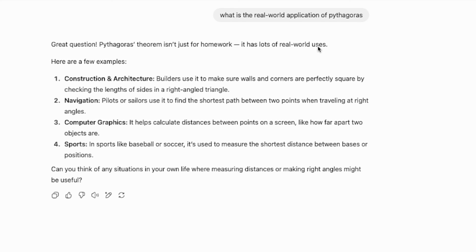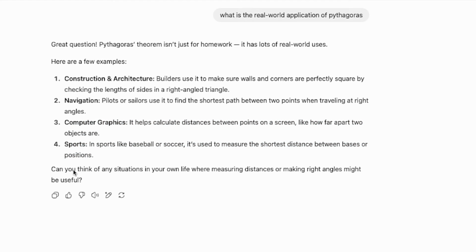It has a lot of real world applications, and here are the examples in construction and architecture. Builders use it to make sure walls and corners are perfectly square by checking the length of sides in right angle triangles. It's used in navigation. Pilots and sailors use it to find the shortest path between 2 points when traveling at right angles, in computer graphics, in sports, and so forth.